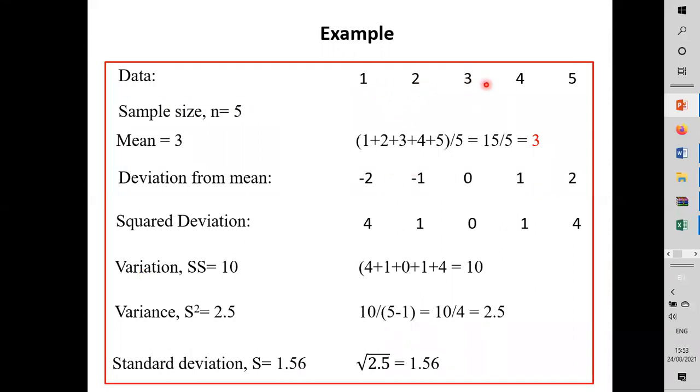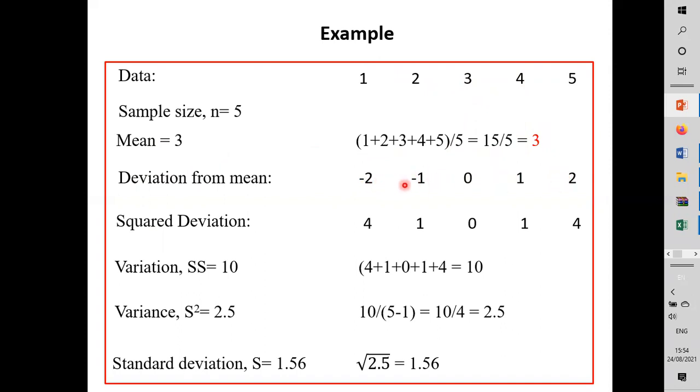Same data points. How do you find standard deviation? Right at the bottom, this is the step you go through. So mean is 3. Deviation from mean: 1 minus 3 is minus 2, 2 minus 3 is minus 1, and so on.